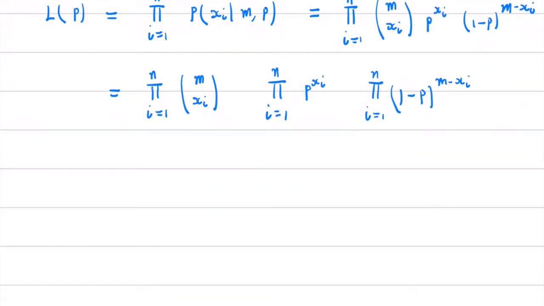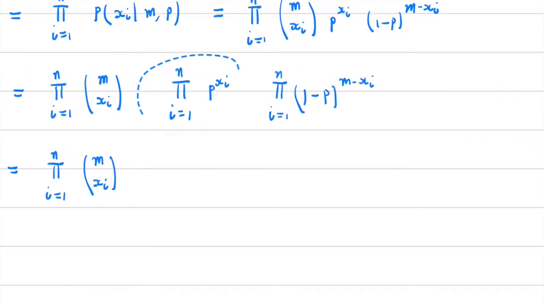This particular expression here is not going to change. That's just going to be the product i equals 1 to n of m choose xi. Now this expression here will change a bit. We're going to use the power laws. Here the product of a base all to different powers can actually be written as p to the sum of all those powers.